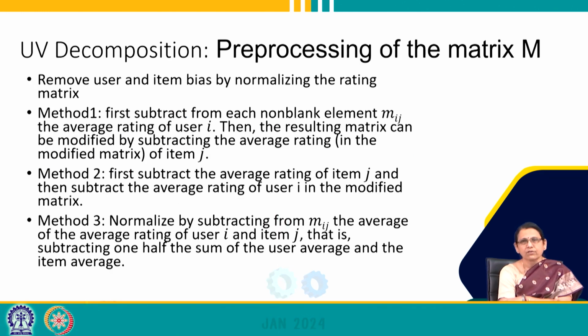Now, let us look at why you should try pre-processing the matrix M. In a typical rating matrix, of course, the method that we are going to study is not related to rating matrices only. This matrix M can be any incomplete matrix, and through UV decomposition you can think of completing it.